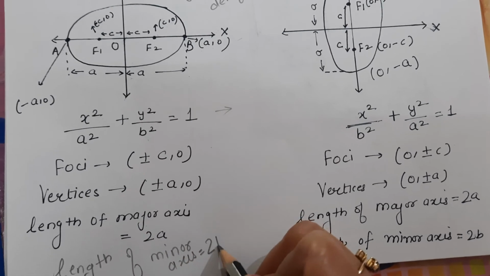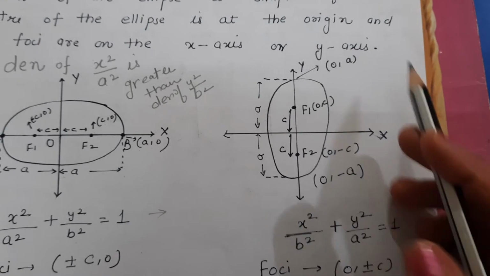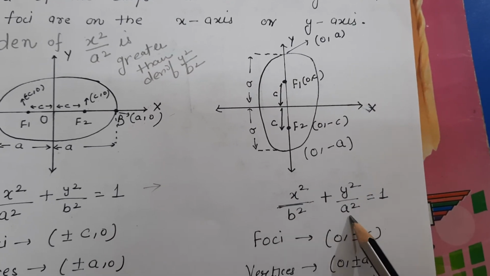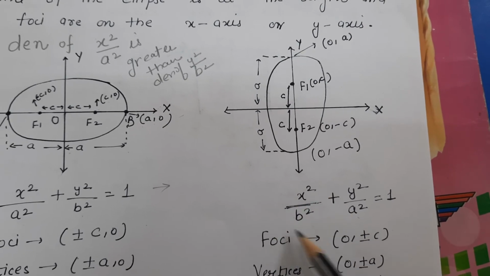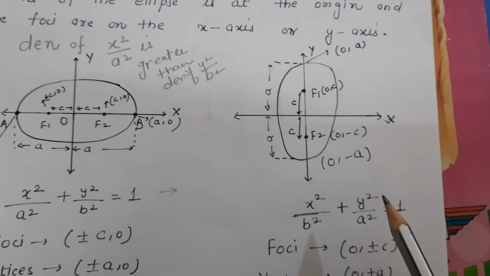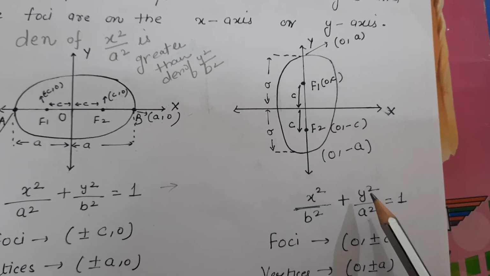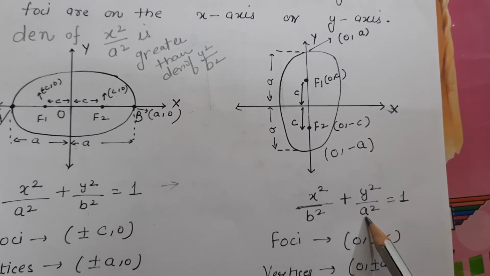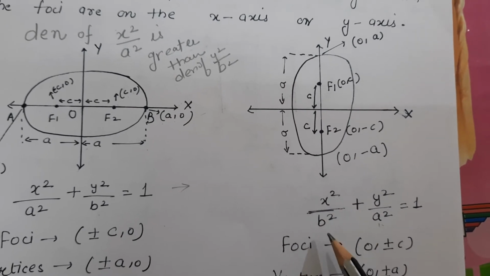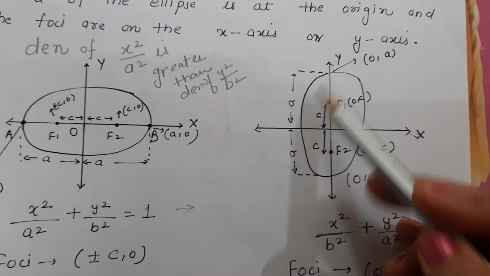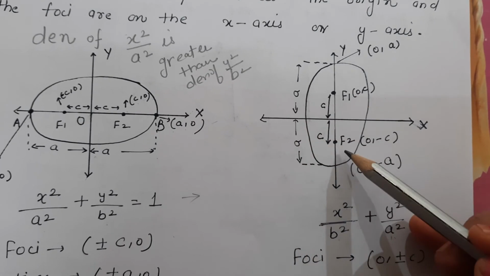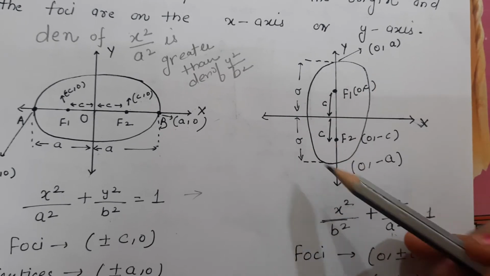Then the second case, when the denominator of this factor is greater than the denominator of this factor, your major axis will be along the y-axis. I am again repeating, if the denominator of y square by a square is greater than the denominator of x square by b square, then the major axis will be along the y-axis. So these two foci will lie on the y-axis.